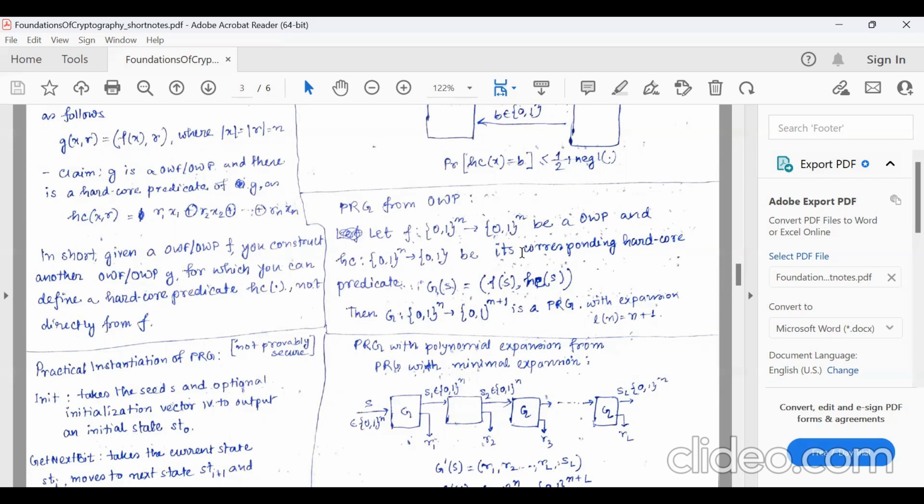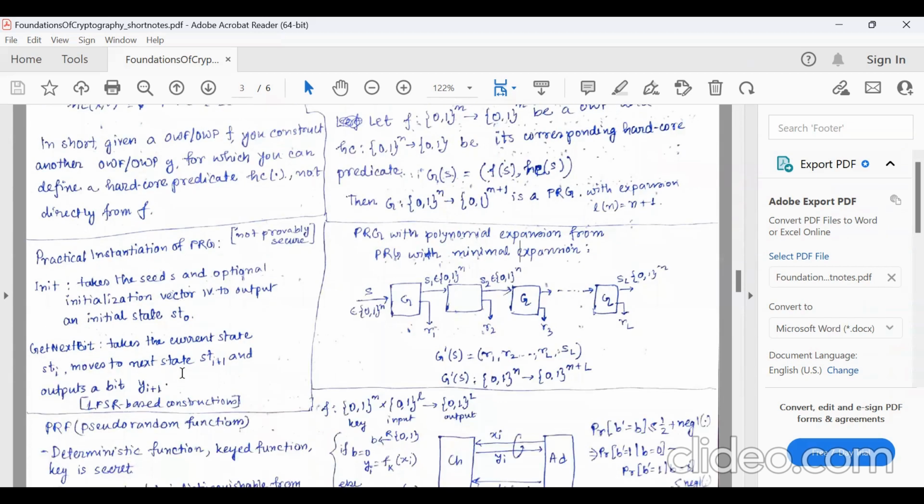So we believe those constructions to be secure in the practical world. Okay, but they are not based on some assumption or the existence of some underlying primitive like OWF. So those are not provably secure, but those are believed to be practically secure.